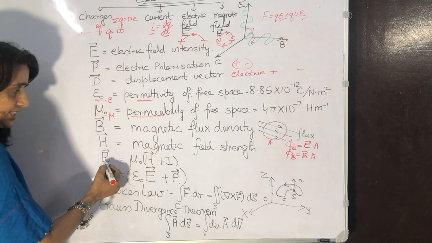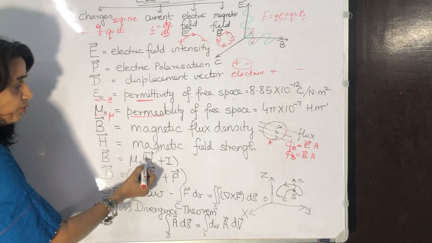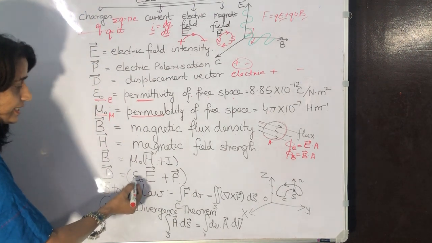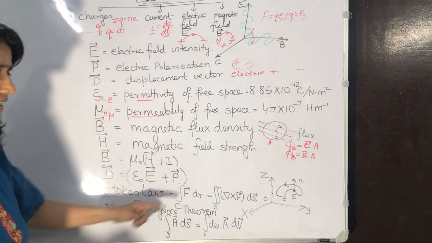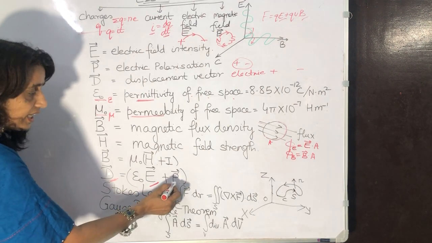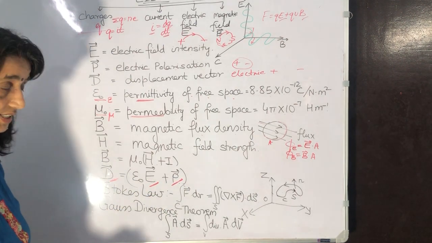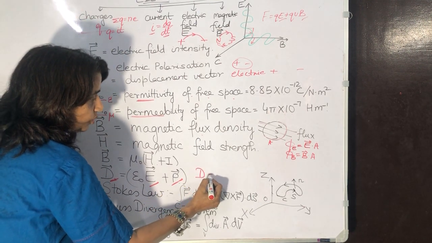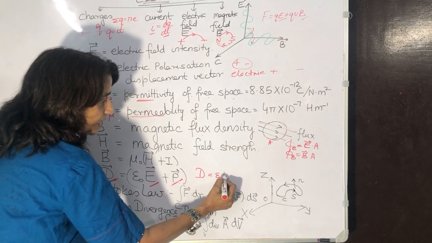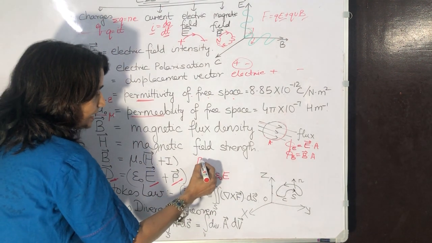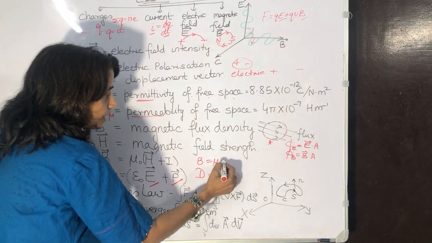Now, the formulas are B is equal to mu naught into H plus I, and D is epsilon naught E plus P. That means displacement due to electric field and polarization of charges. In case polarization is not there, then you write D is epsilon naught E and B is mu naught H.